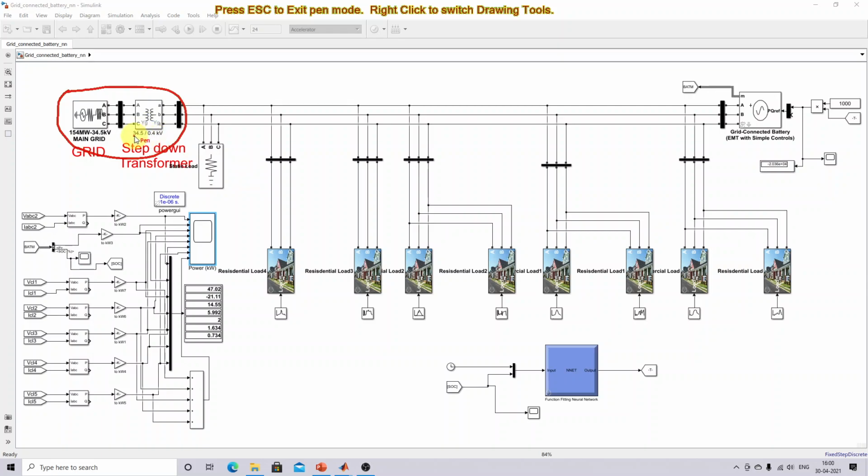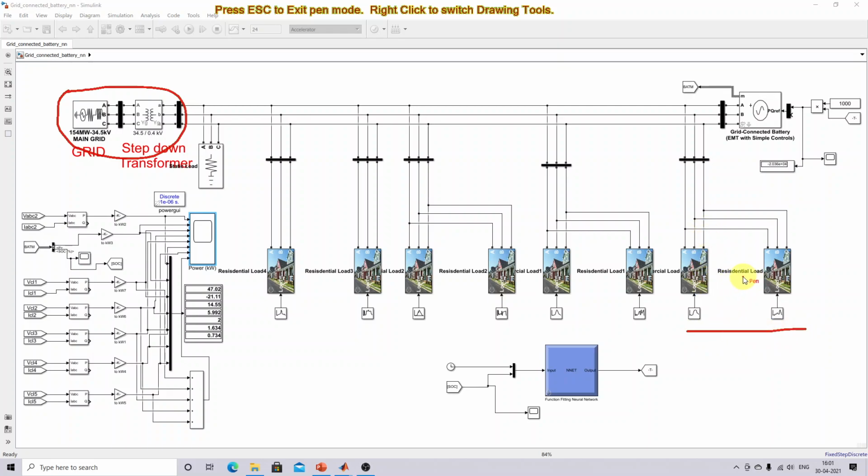So from 34.5 kilovolt to 400 volt, and then it's going to be connected with the grid connected battery. So in between that grid and the grid connected battery, we have different kinds of loads. Consider this is load one. The load one consists of two kinds of loads.